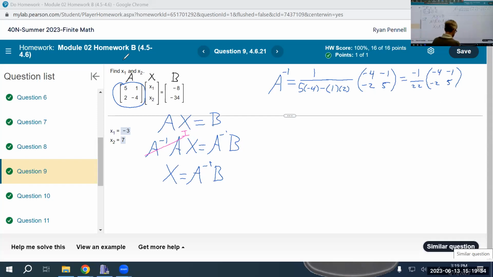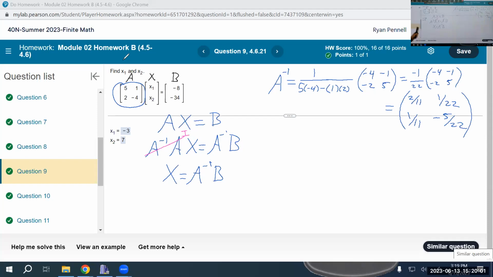Okay. 4 over 22. This is 2/11. 1/22. 1/11. -5/22. So far, so good.